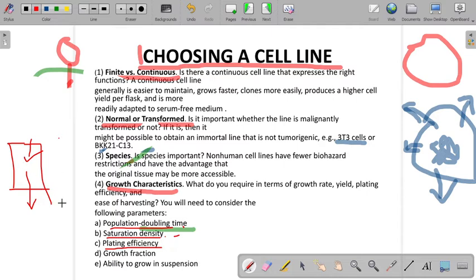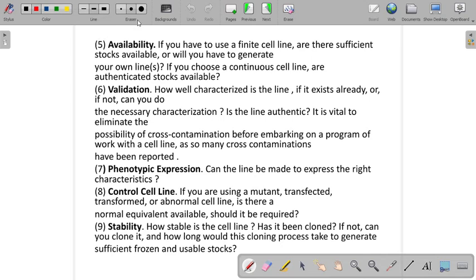That is not good plating efficiency. At least we need to observe the flask for 2 to 4 days, right? So for that purpose we need to calculate our seeding culture and see the plating efficiency. Then we need to check the growth fraction, and the ability to grow in a suspension culture. These are all the growth factors we need to observe.